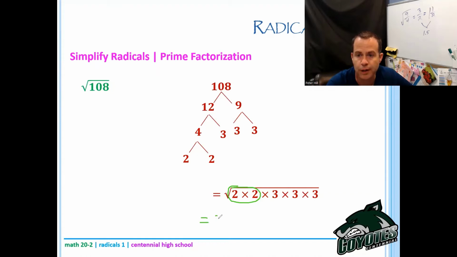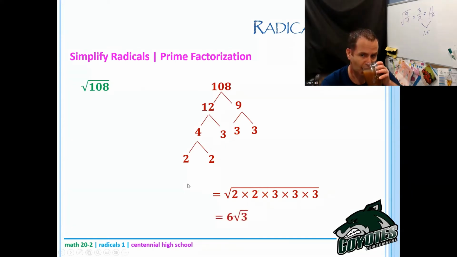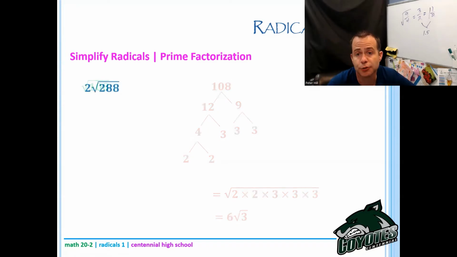So that would be 1, 2. A pair of 3s can come out. So that would be 1, 3. And those are going to get multiplied by each other. And so I'd end up with 6, 2 times 3, with the root 3 there. Perfect.